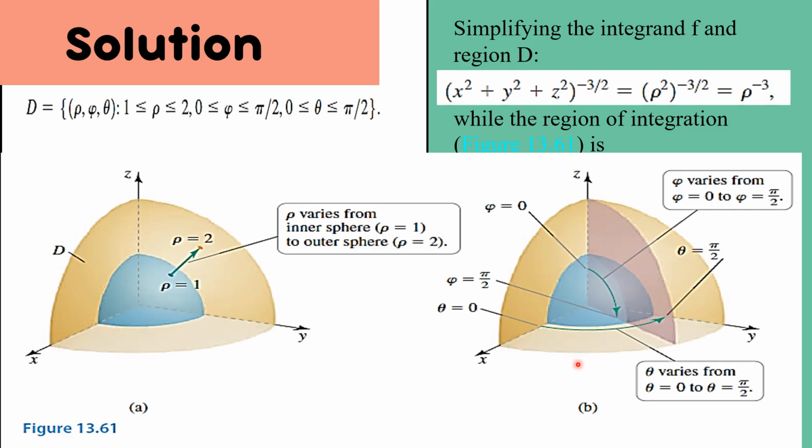While theta, from the positive x-axis to the y-axis, is also bounded from 0 to pi over 2. To put it simply, phi refers to the angle from the z-axis, while theta refers to the angle between x and y.